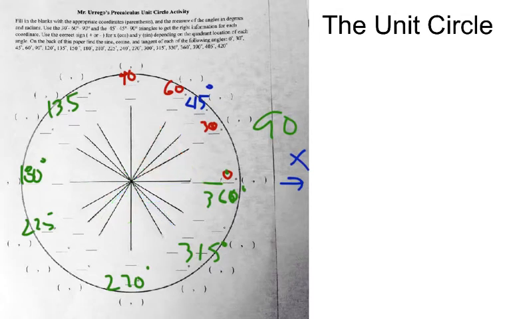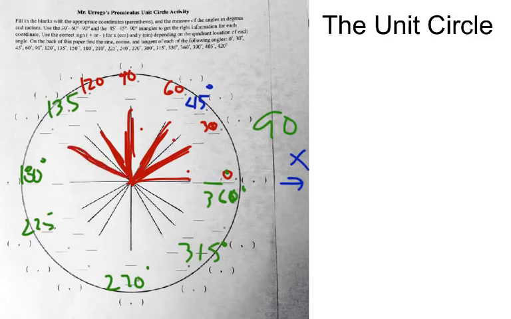Again, my 90 degree angle, which is this, is divided into 1, 2, 3 pieces. If you notice, those lines keep going. So I have 30, I have 60, I have 90, plus 30, that's 120, plus another 30, that's 150, plus another 30, that'll be 180.